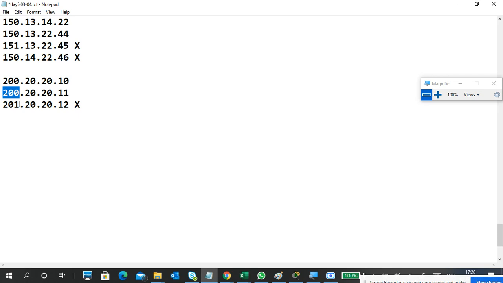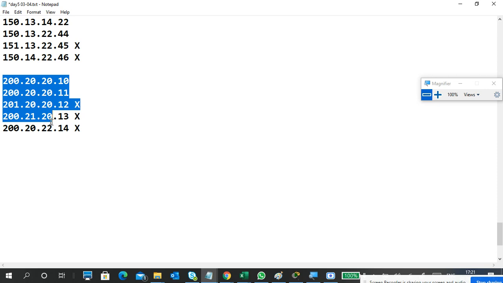The first network portion is 200, this is 201. Okay, by mistake I put a 21 instead of 20. So what happened? This also won't communicate with these networks. Why? Because one of the network portions is different. You have to check all the network portions. Only if all network portions are the same will they communicate with each other.